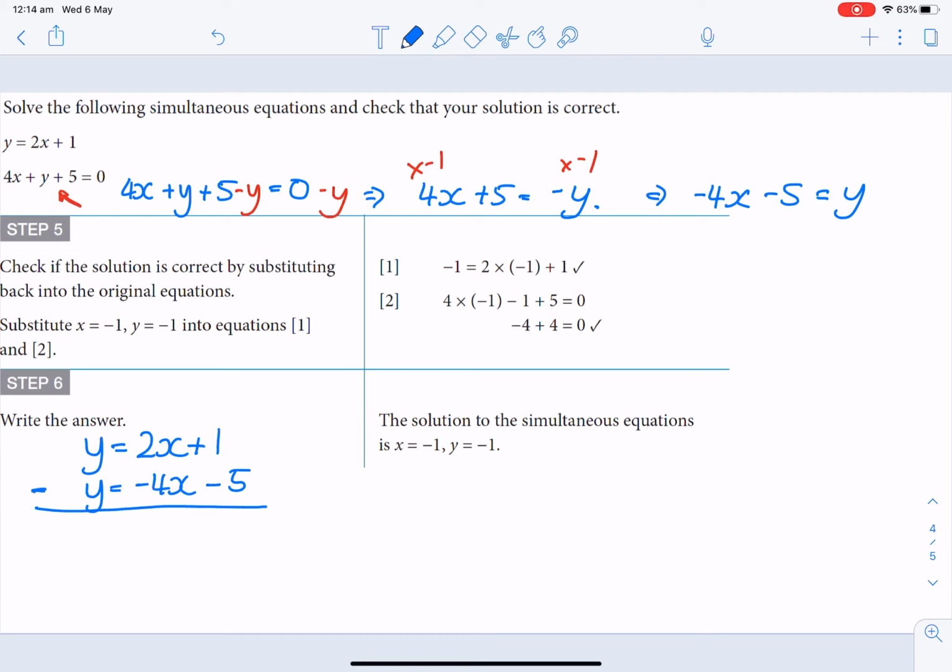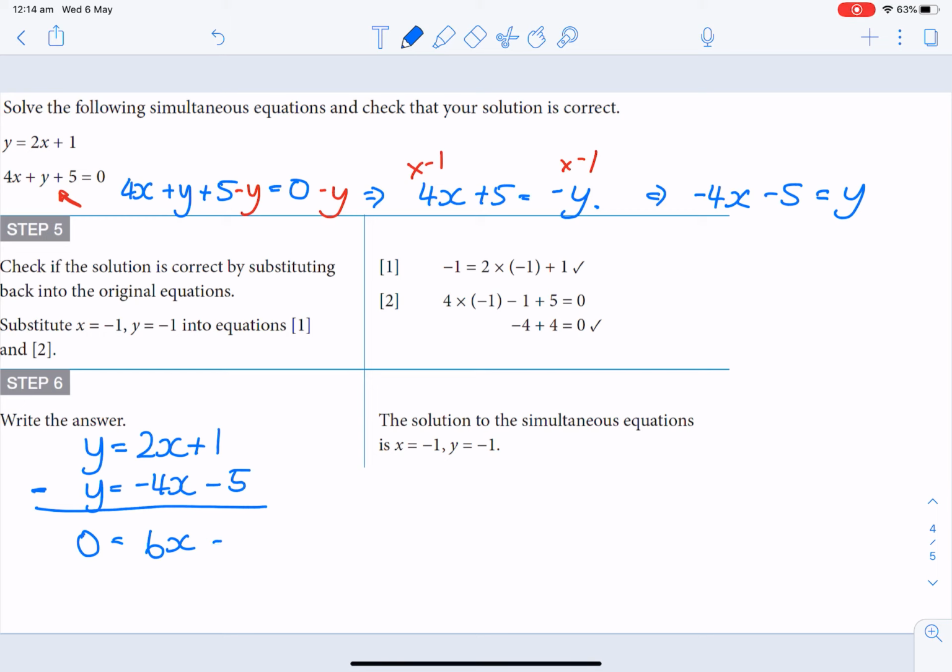Y take y gives us nothing. 2 take -4 gives us 6, because remember I've got double negatives there. So 2 take -4 gives us 6x.